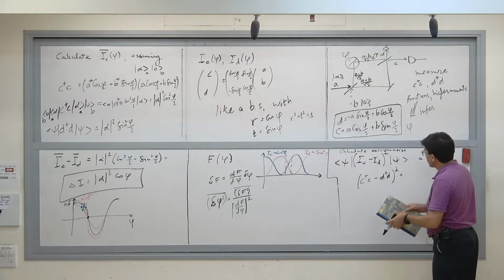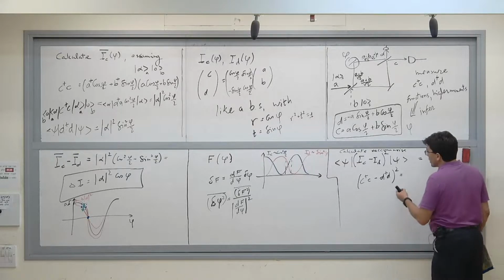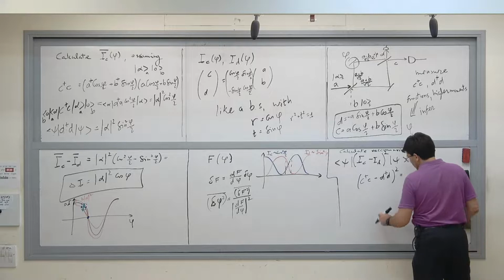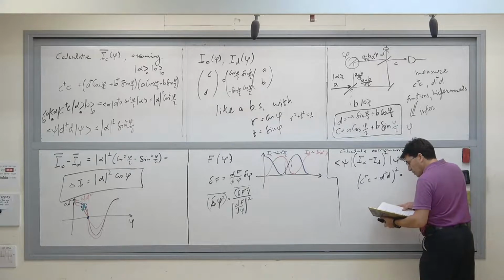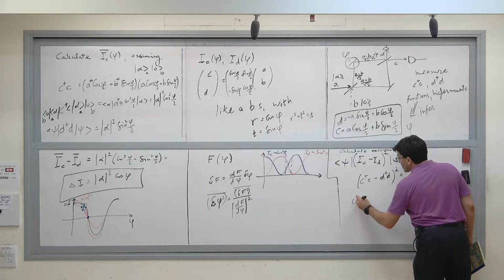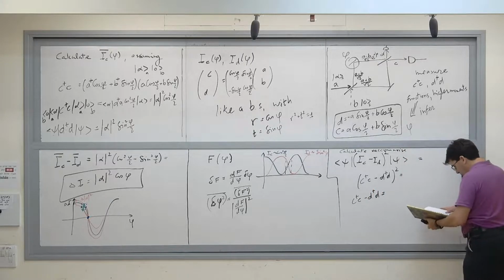Okay, yes. So, first, the main thing is that if we calculate just whatever is here, this C dagger C minus D dagger D, I'll tell you what that is.